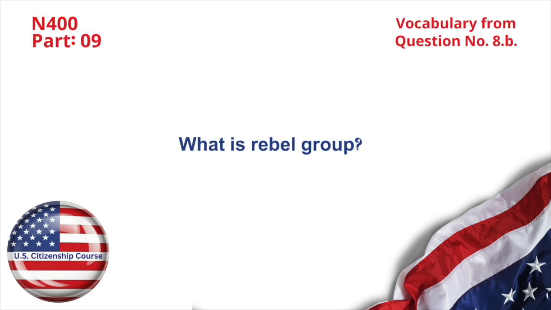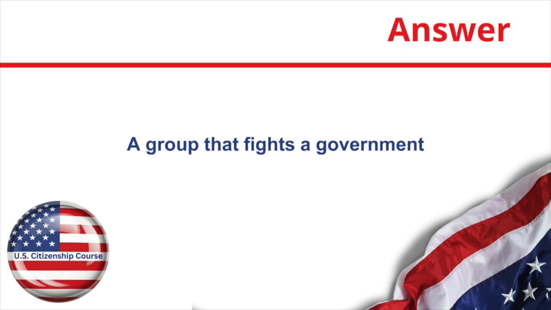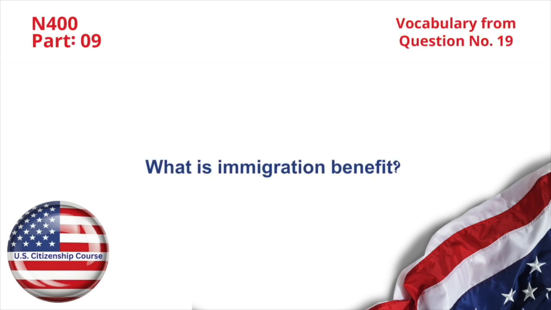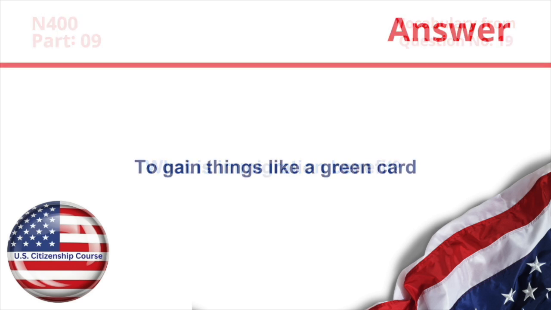What is rebel group? A group that fights a government. What is immigration benefit? To gain things like a green card.